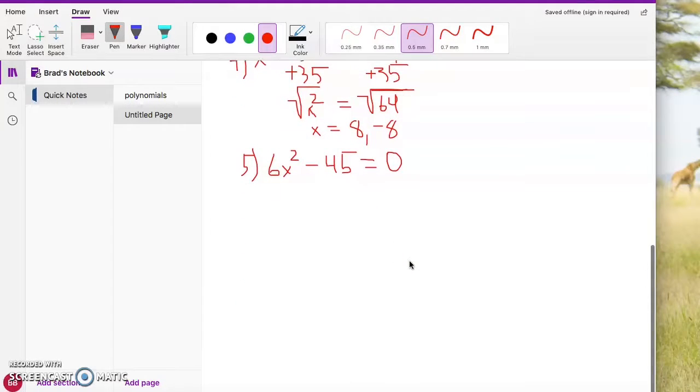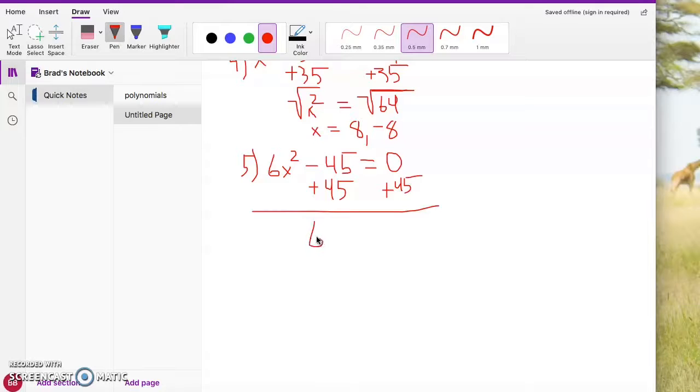Last one here: 6x squared plus 45 equals 0. We made it a little more complicated because we now have the 6, so we don't just have the x squared to deal with. Let's get rid of this 45 on the left side by subtracting it from both sides.